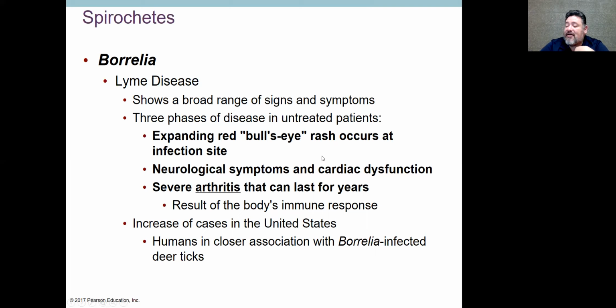If that happens in the heart, cardiac dysfunction manifests itself. If that happens in the joints, arthritis manifests itself. And so this is a subsequent effect of the Borrelia. The Borrelia itself isn't doing this. It is the modification of antigens by Borrelia that is causing these autoimmune effects to manifest themselves.